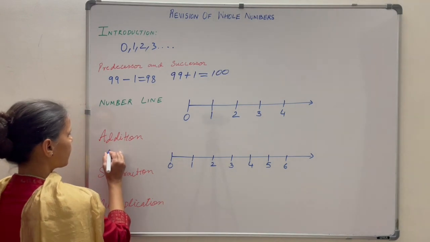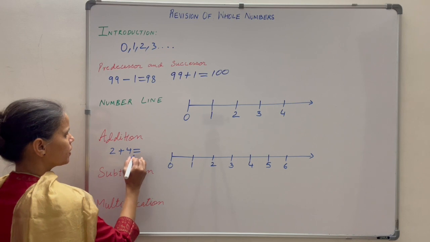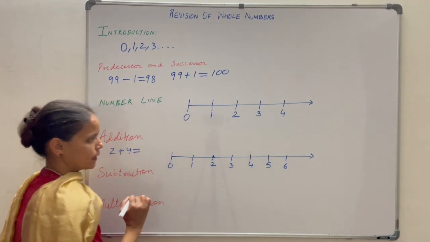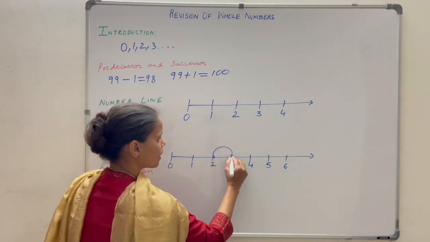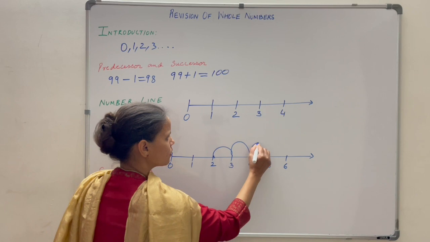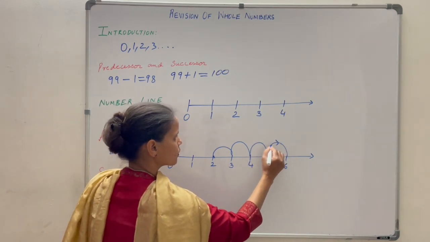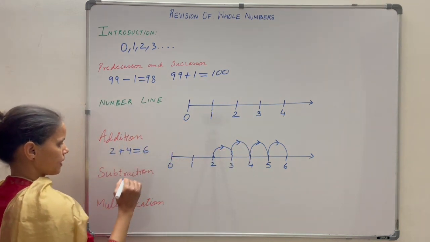If you want to add, say, 2 plus 4, first you need to find 2. Where is 2? 2 is here. And you need to add plus 4. So plus 1, plus 2, plus 3, plus 4. Where do you reach? You reach 6. So 2 plus 4 is 6.